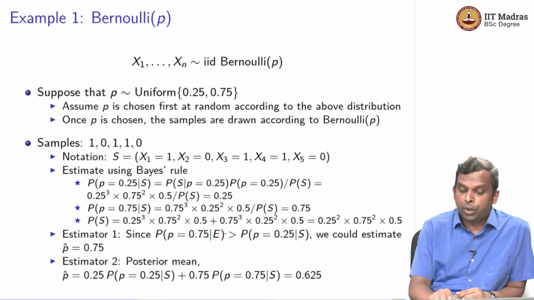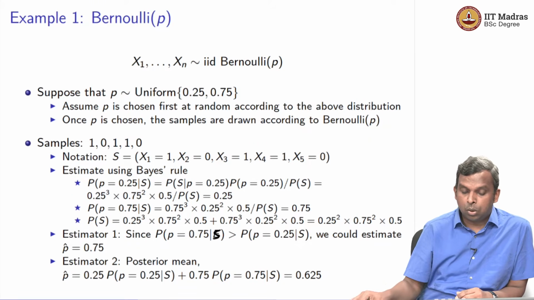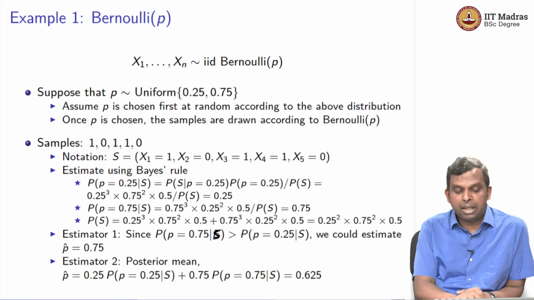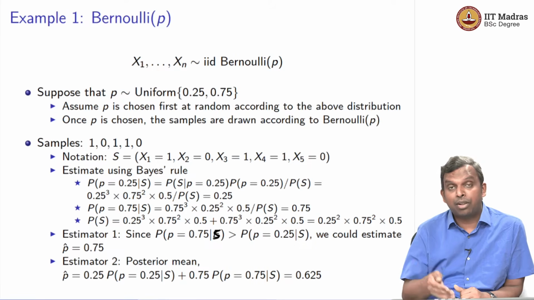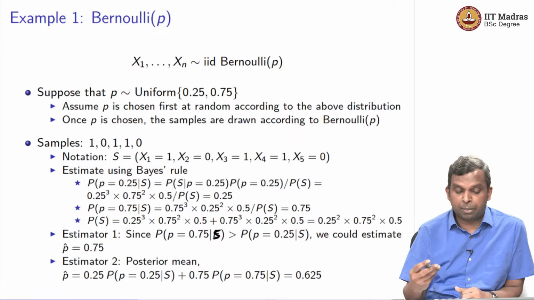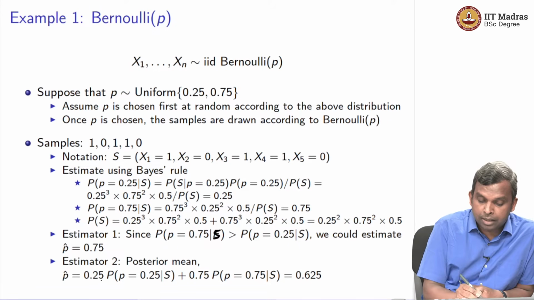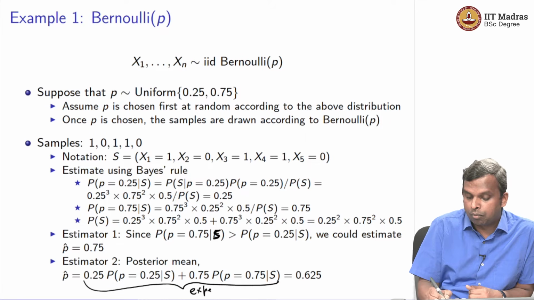So, P equals 0.25 given S, sorry about that, this should be S. So this posterior mean P hat is 0.25 times the probability that P equals 0.25 given S plus 0.75 times the probability that P equals 0.75 given S. This is an expected value. It is called a conditional expected value because you are conditioning on S.